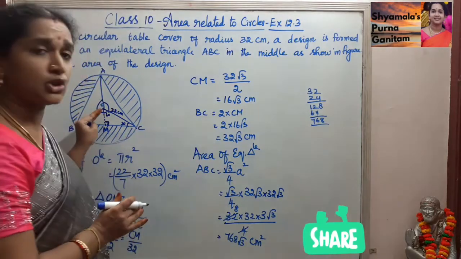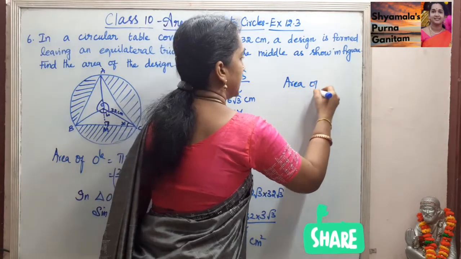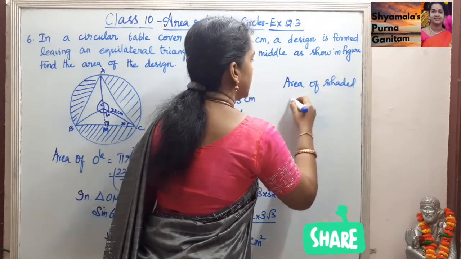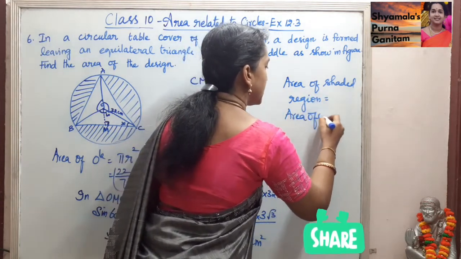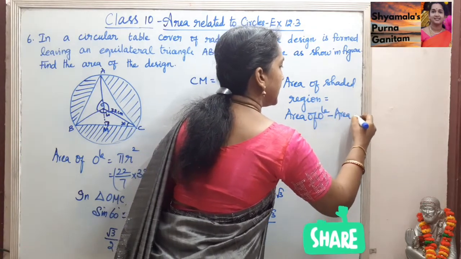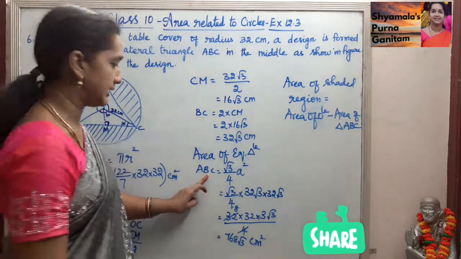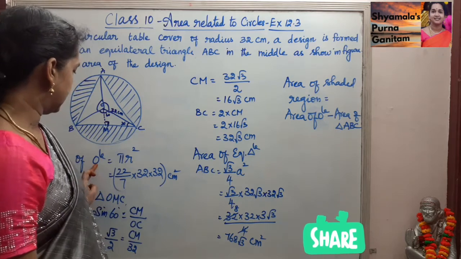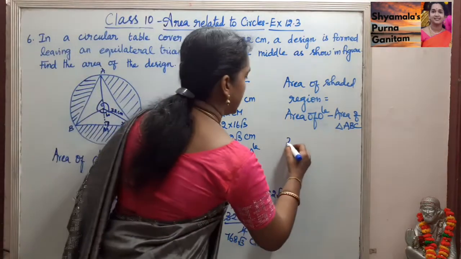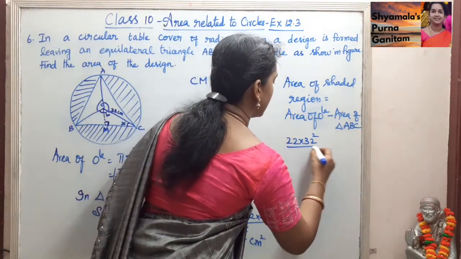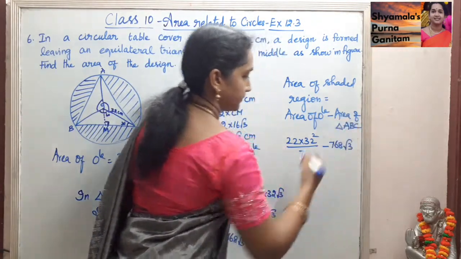Now we need to find the area of the shaded region. The area of the shaded region is equal to the area of circle minus the area of triangle ABC. The area of the circle is 22 into 32 into 32 by 7, so 22 into 32 square by 7 minus 768 root 3.